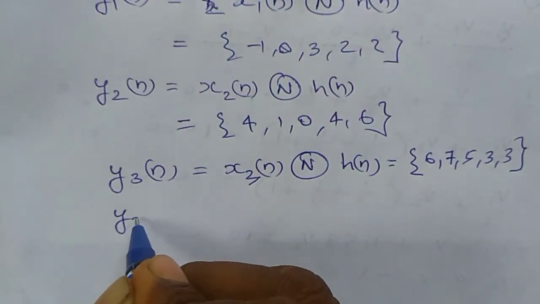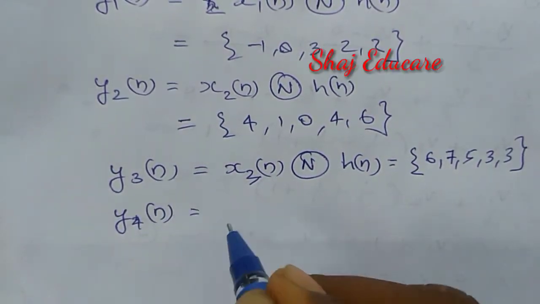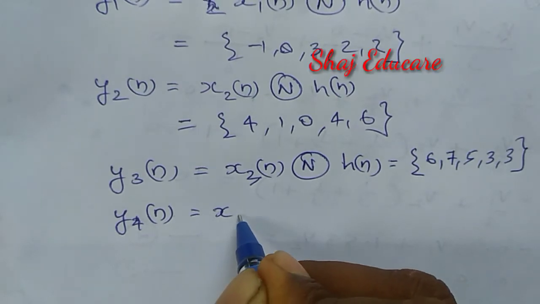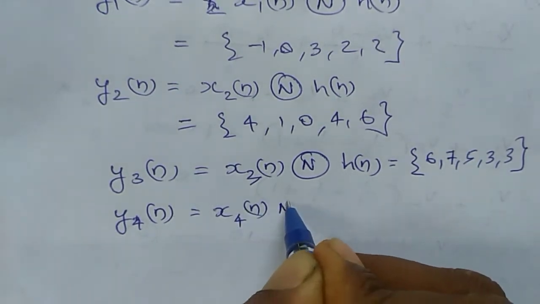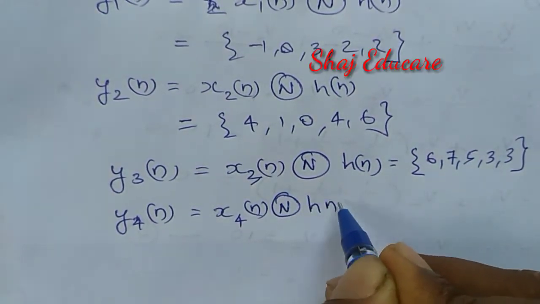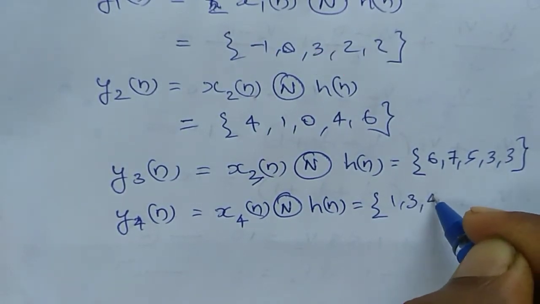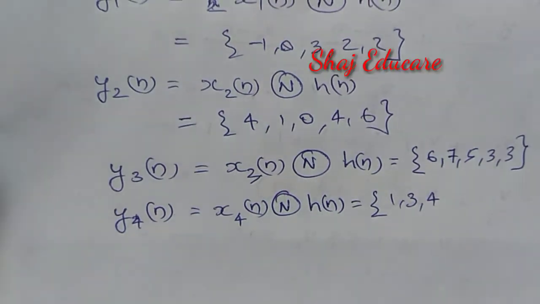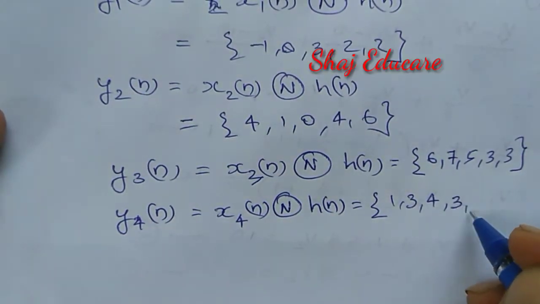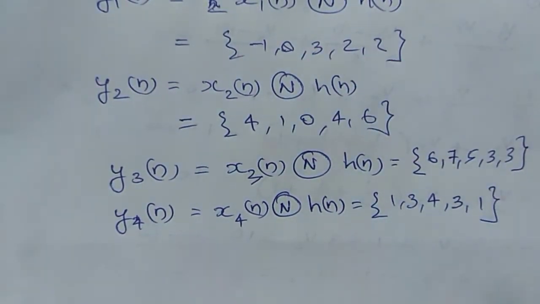Finally, we have to find y4 of n, which will be equal to x4 of n circular convolution h of n, that is 1 3 4 3 1.